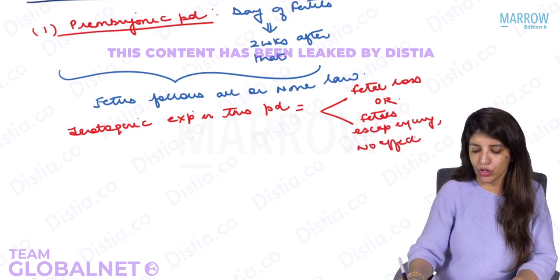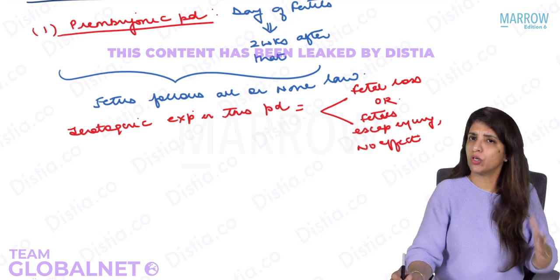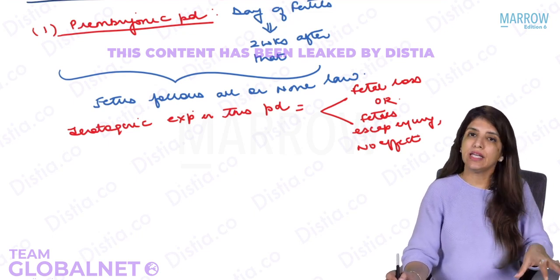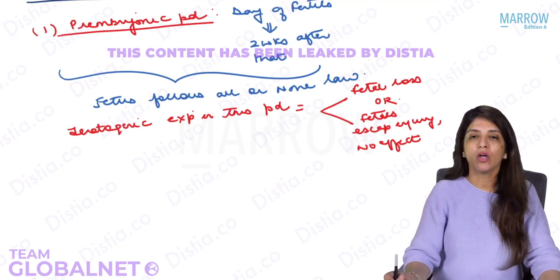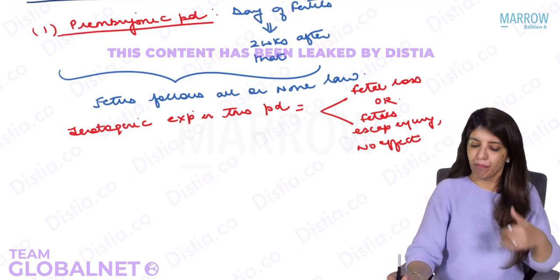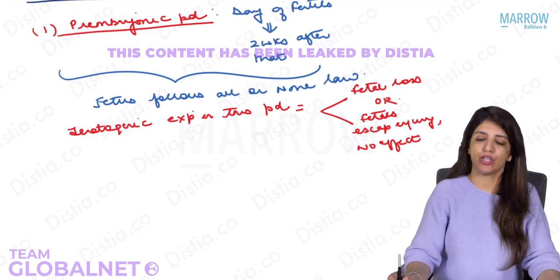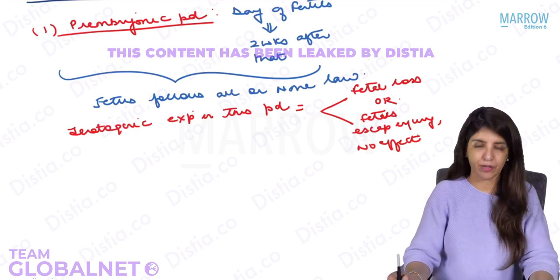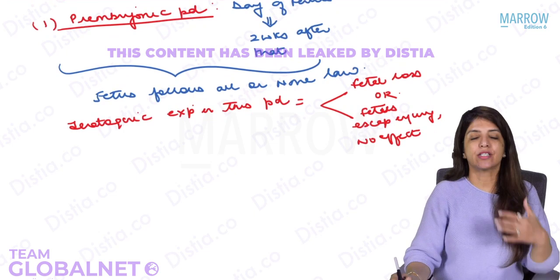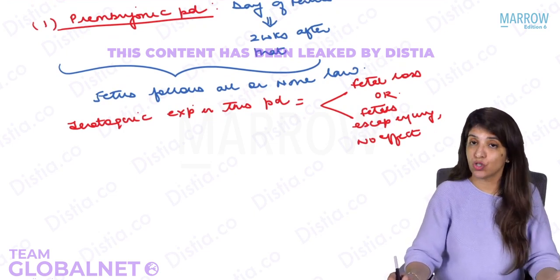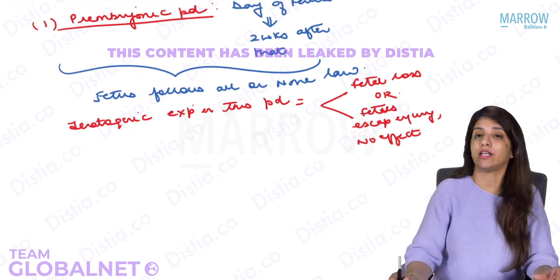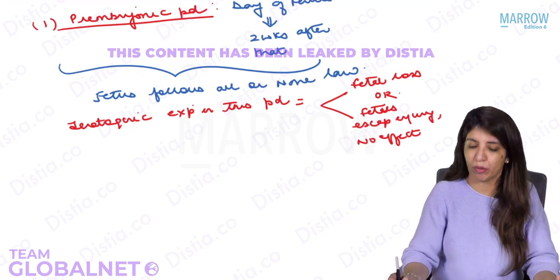So you are not going to see any congenital malformations. You will not see any growth restriction. Either it has to be a complete abortion, a complete loss, or the fetus is going to completely escape the injury. There won't be any effect. Right? That is why I was saying that it not only depends upon which teratogen is there, in which period the exposure is happening, that is also going to play a role.